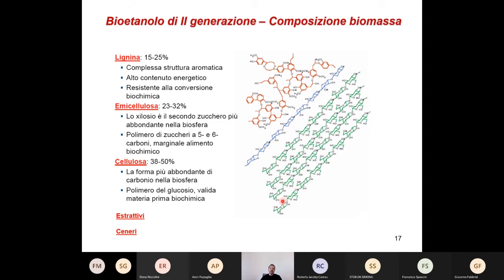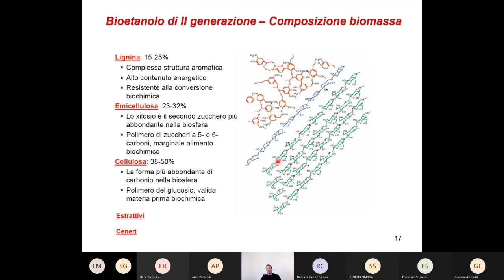So the idea, of course, in moving to bioenergy pathways is to cut these biopolymer chains in some way to obtain sugars, and these sugars could be used for the fermentation process.